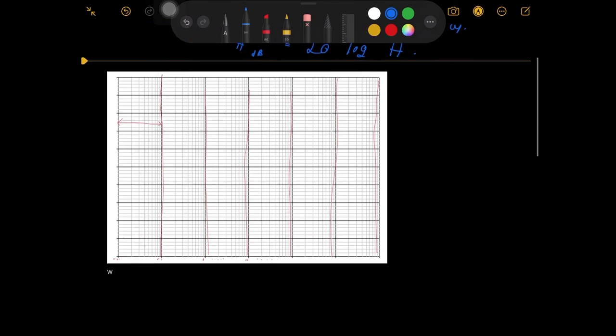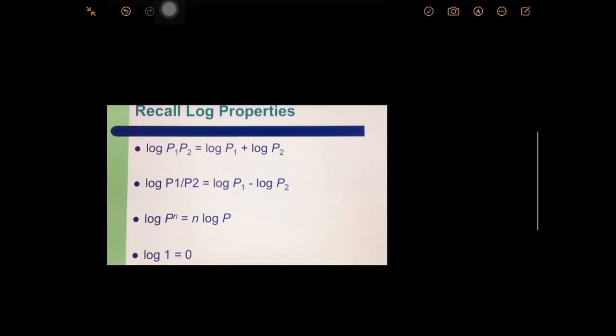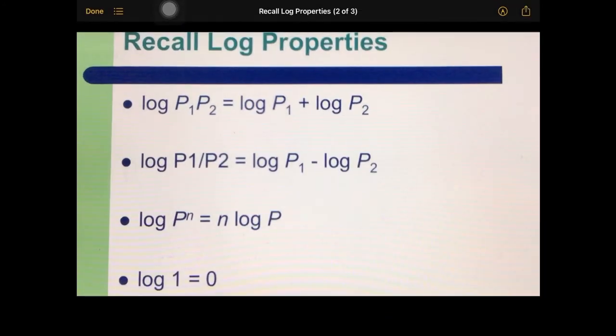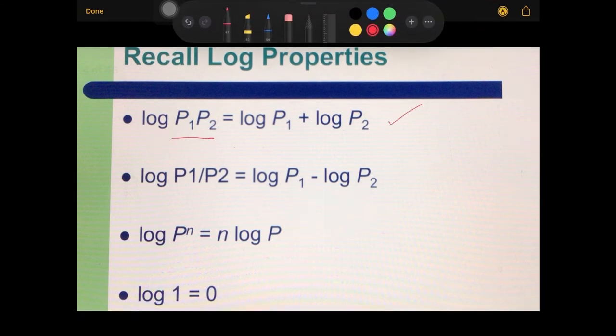Before we go to the Bode plots, magnitude and phase explanation, this is just to recall: when we have log of P1 times P2, it is equal to log P1 plus log P2. This is basic. Another one is if we have log of P1 over P2, it means log P1 minus log P2, and so on.